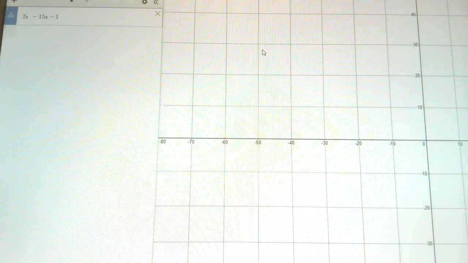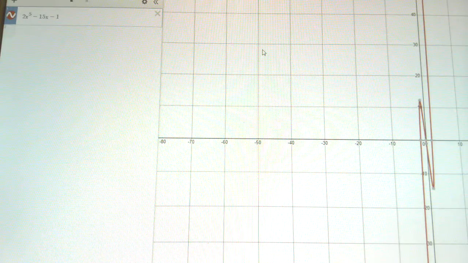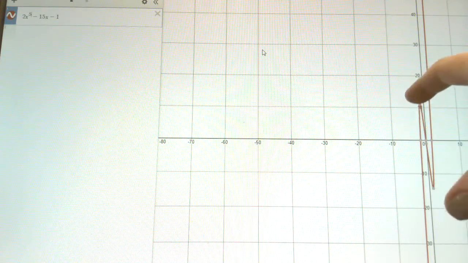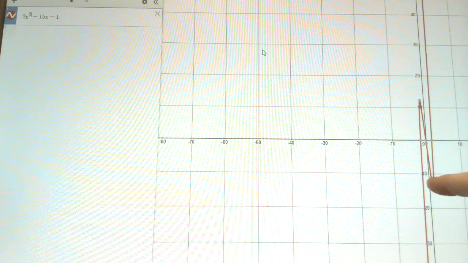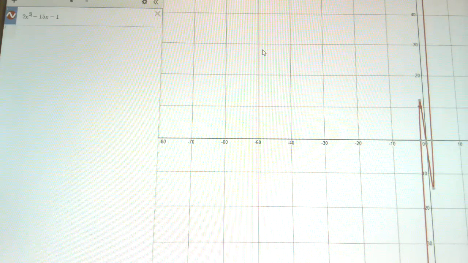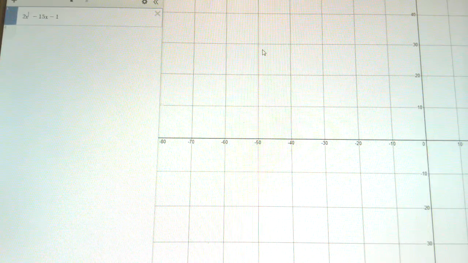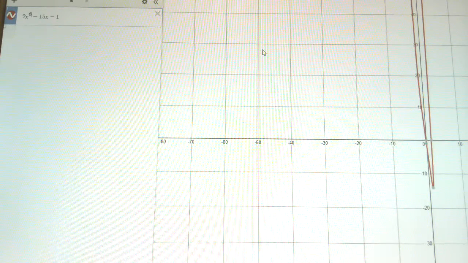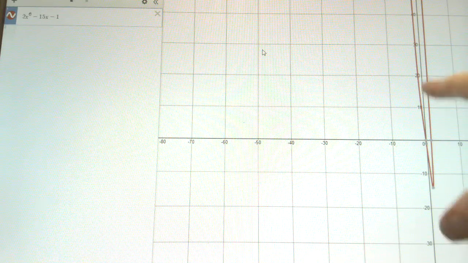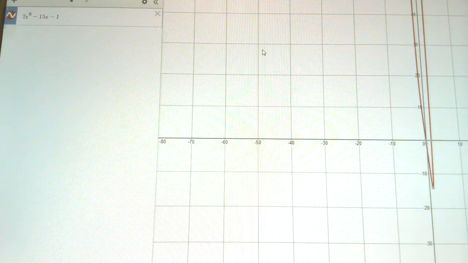All right, let's change that to a 5 and see what happens. Oh, now it kind of looks like it did when it had an exponent of 3. It's going down to infinity here, comes up, makes a turn, goes down, makes a turn, and then it goes up to infinity to the far right. And then let's change it to a 6. Well, at least it goes up to the far left and to the far right.